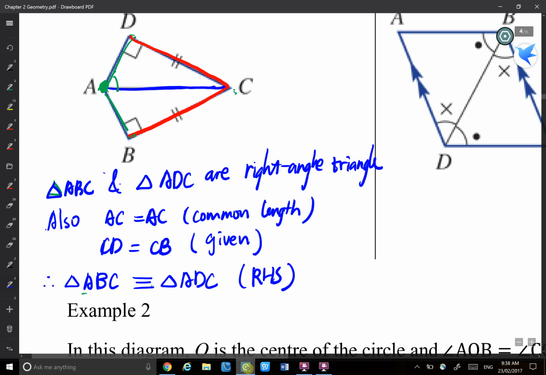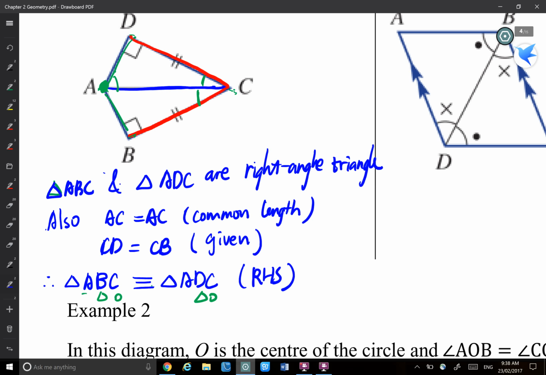So you need to write B and D in the second place. And the third place is C. For C, you have the same angles, so C and C must be in the correct position. So you will have all three vertices in the correct position, with corresponding pairs. Write the pairs in the corresponding positions.